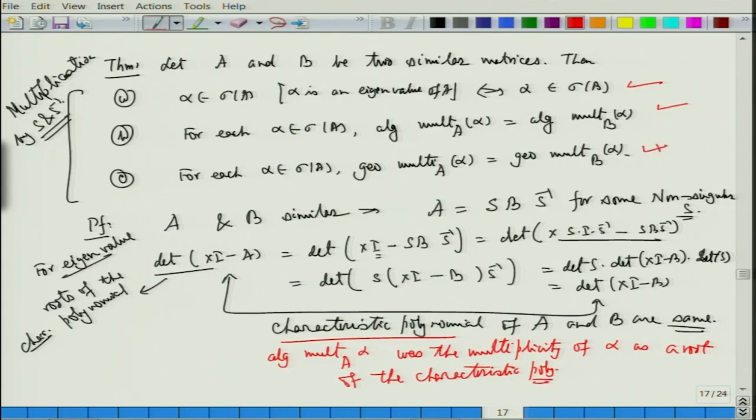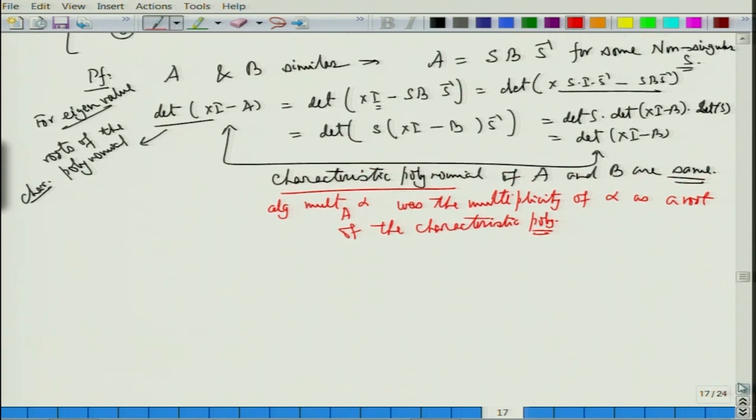Now, let us look at the geometric multiplicity. How do I prove the geometric multiplicity? For the geometric multiplicity of alpha as an eigenvalue of A, we need to look at the dimension of the null space of alpha I minus A. I need to compute this.